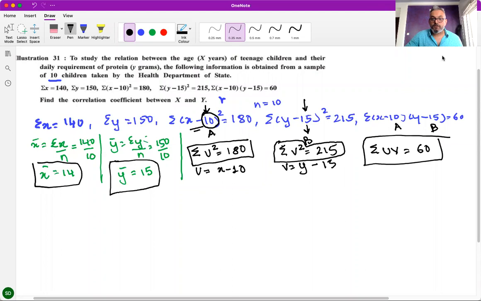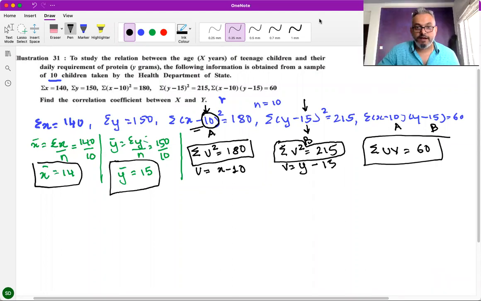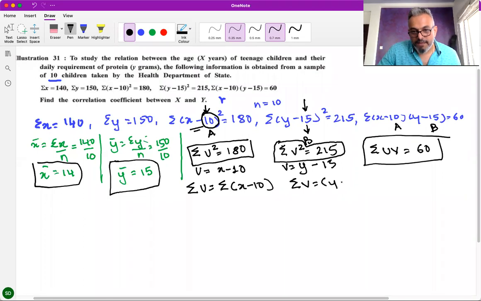So now what should we do? Pay attention, everyone. Now we will take, please pay attention on the screen for a while. This u we take as sigma u, which is sigma of x minus 10, which is u, and here sigma v is equal to y minus 15, which is v.